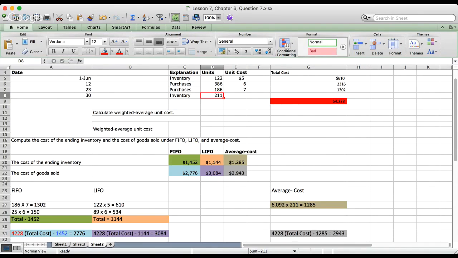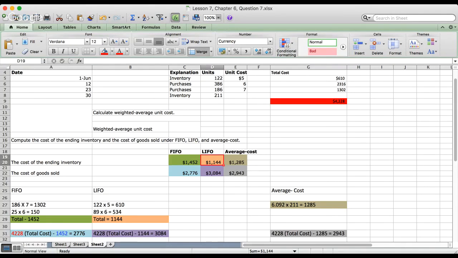So 122 times 5 equals 610. Then we have a remaining 89, so we will do that out of the $6 cost, which gives us $534, a total of $1,144, which is the cost of the ending inventory.